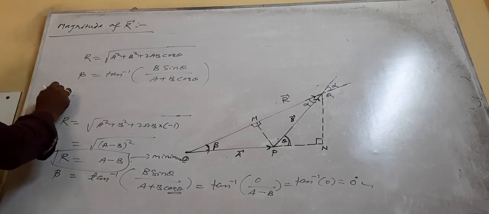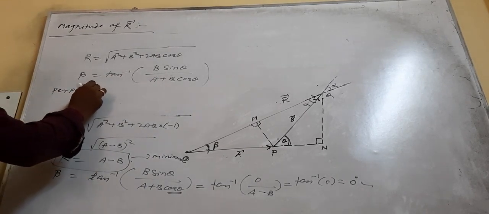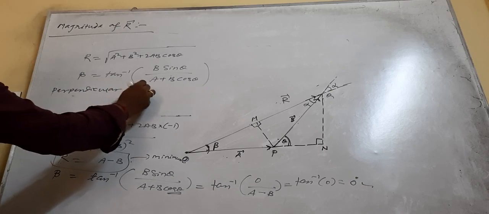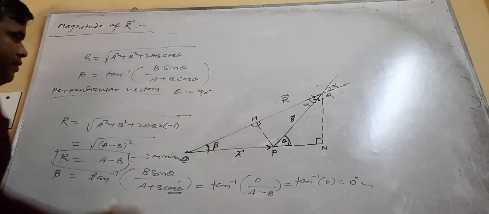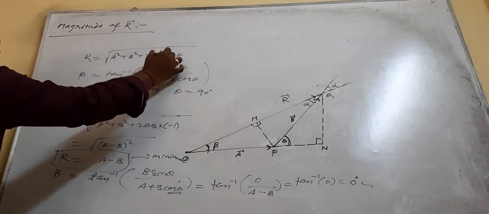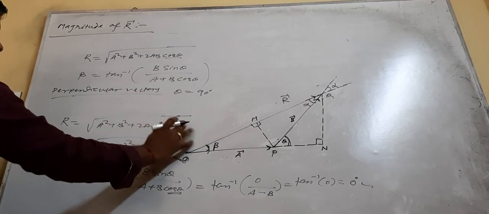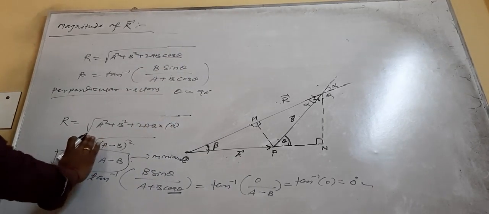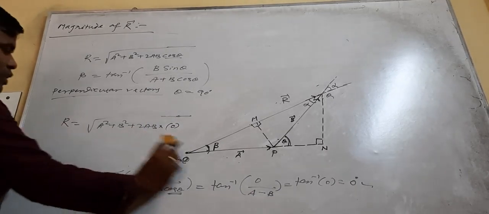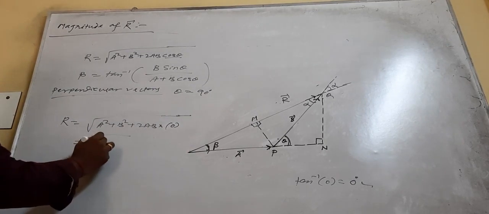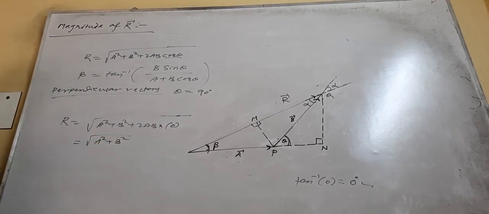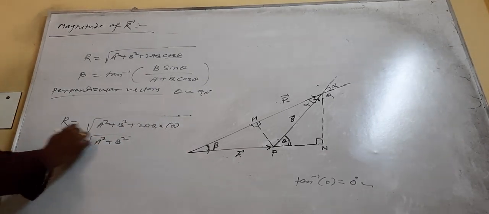For two perpendicular vectors, theta is equal to 90 degree. Cos 90 is 0, you remember. So it is root over of a square plus b square. It is the magnitude of the resultant vector.